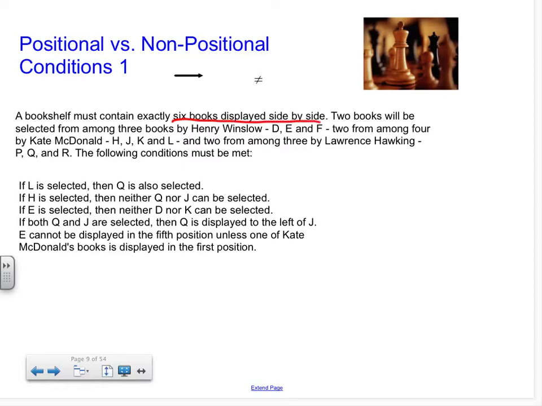So we'll underline 6 books displayed side by side. 2 books will be selected from among 3 books by Henry Winslow, D, E, and F. Two books among 4 by Kate MacDonald, H, J, K, and L, and 2 among 3 from Lawrence Hawking, P, Q, and R. The following conditions must be met.